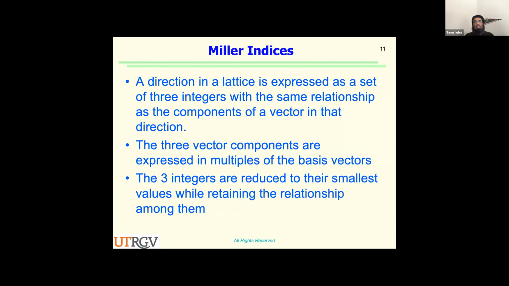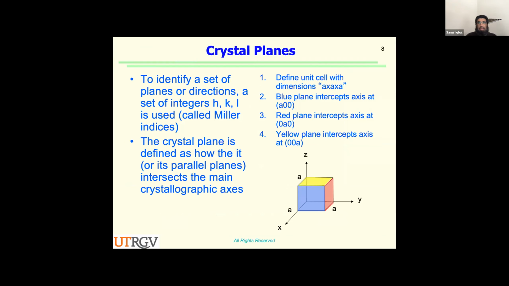So the number 3 here, we find the intercept like we have done here. Sorry, here, right? A00, 0A0 or 00A. Then we flip them. We say, okay, 1 over A, 1 over 0, 1 over 0 for the blue one.